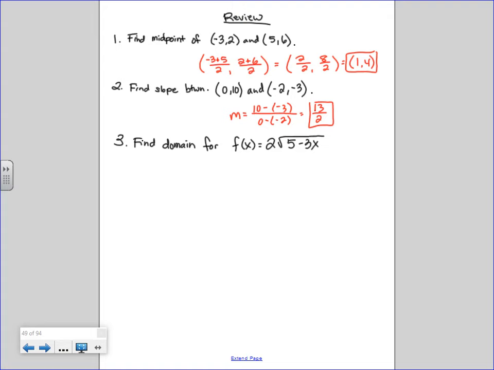No, lots of numbers that work. Try putting in like 0 or 1, those ones work. Put the 5 minus 3x greater than or equal to 0. So don't have an x on that side, it's 0. And then you just solve it. Pretty easy.